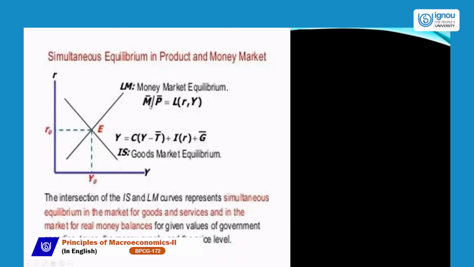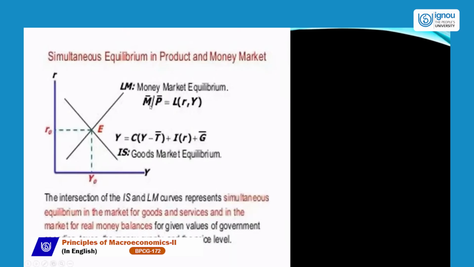LM is money market equilibrium, and money supply equals money demand at the point of equilibrium. Money supply we can present by this formula: M bar upon P bar. M bar means money supply is constant or autonomous, divided by P bar, so that we can calculate real money balances.